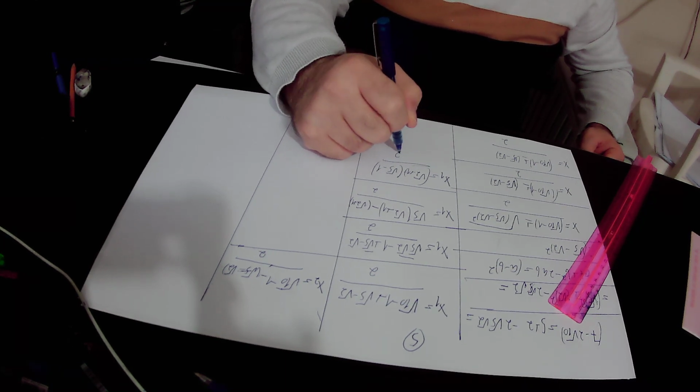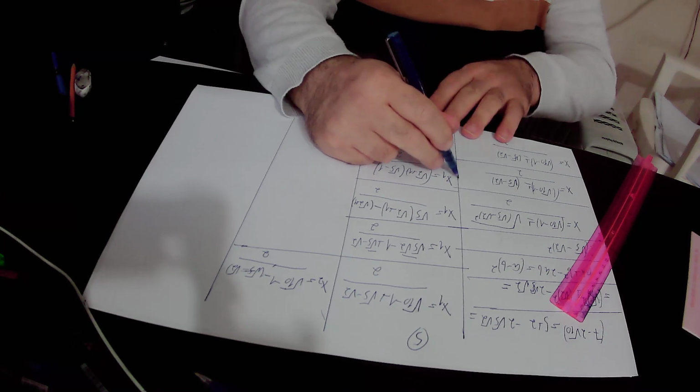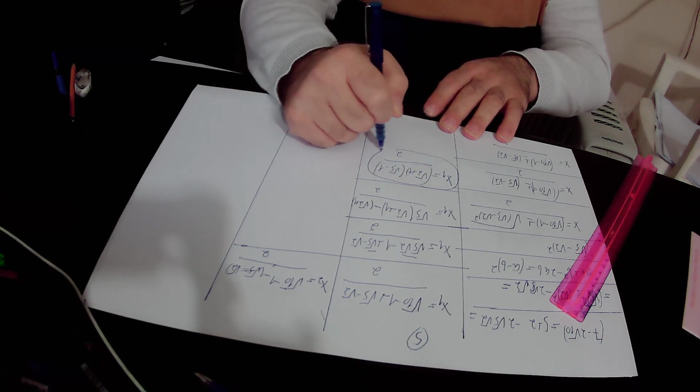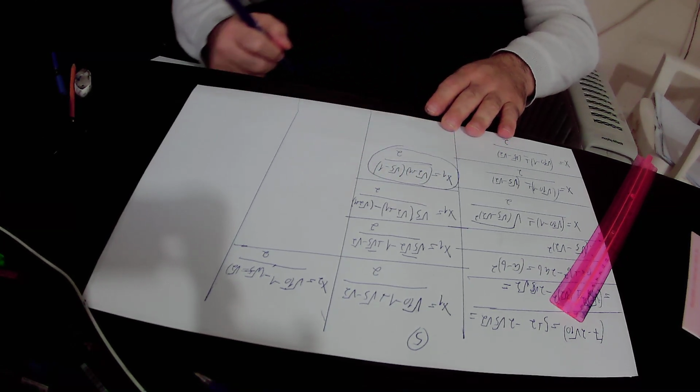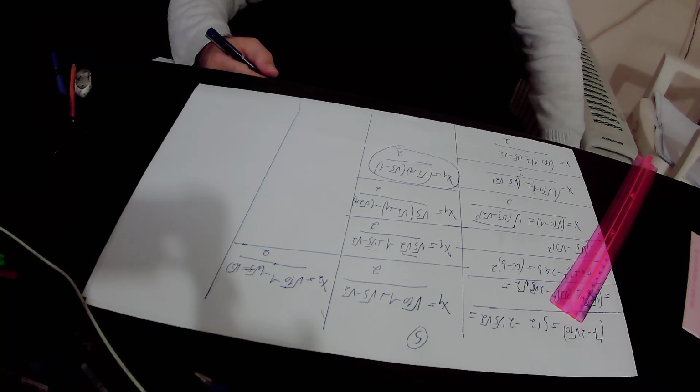So in conclusion we found out that x1 equals the square root of 2 plus 1 times the square root of 5 minus 1, over 2. We'll do the same process for x2.